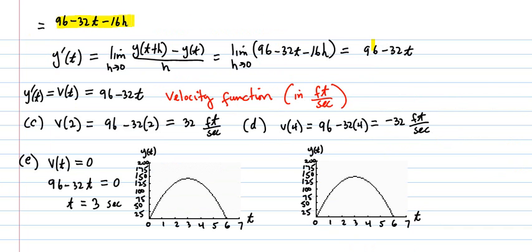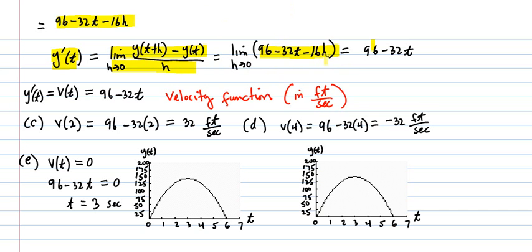So then the derivative of y with respect to t, which is another way of saying it, or y prime of t, is this limit definition, which we've algebraically shown is equal to this. There's no trouble there. Plug the 0 in for h.